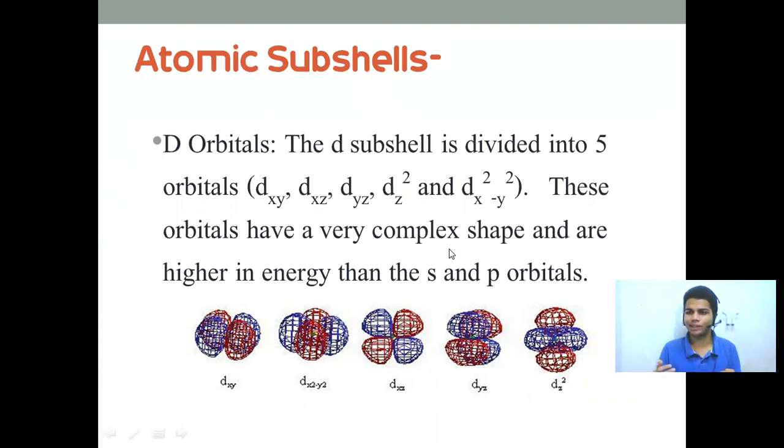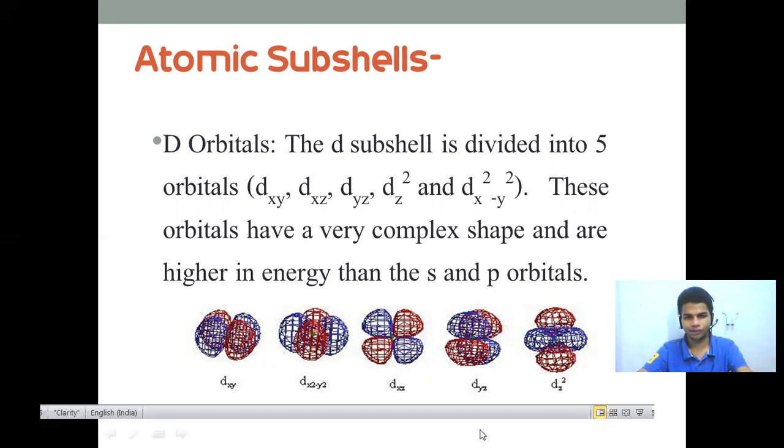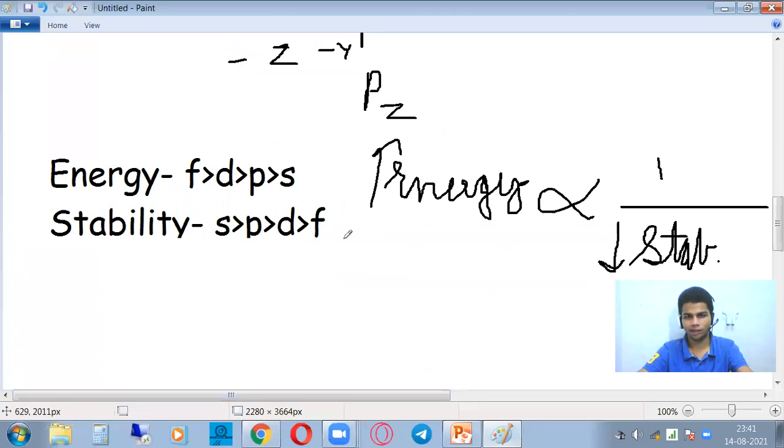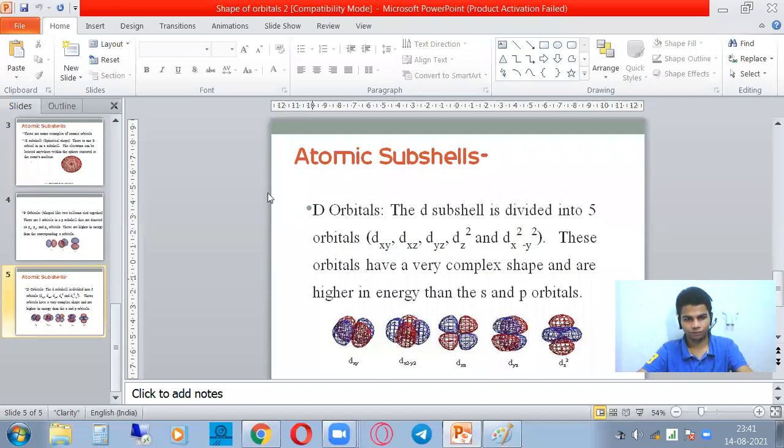The s and p orbitals are quite easy, but the d orbital is quite complicated. But we need to understand this one as well. The energy of the d orbital is much higher than the s orbital and p orbital, but the stability is lower than the s and p orbitals. As we already mentioned, the stability of s is maximum and d is minimum if you compare s, p, d and f.